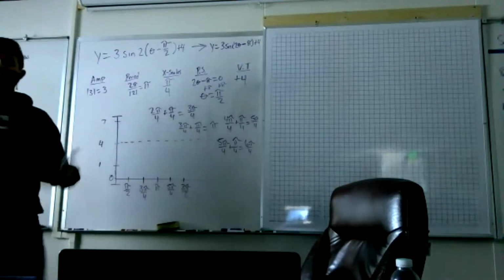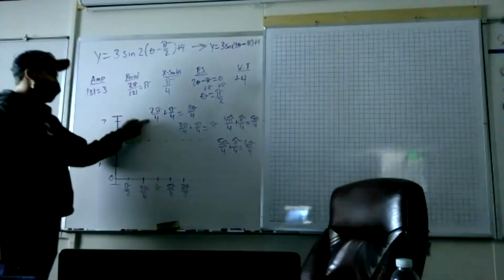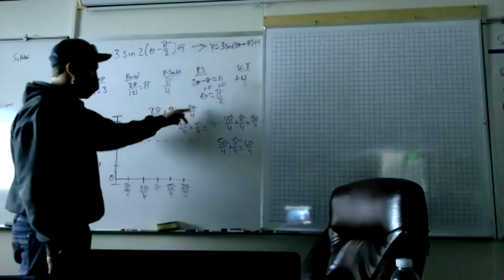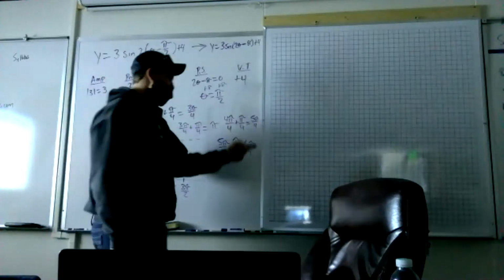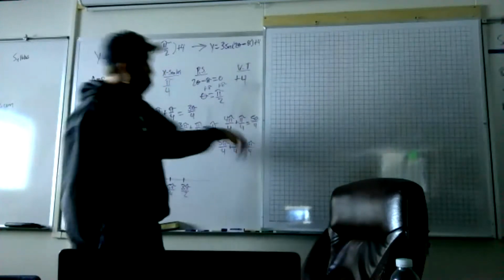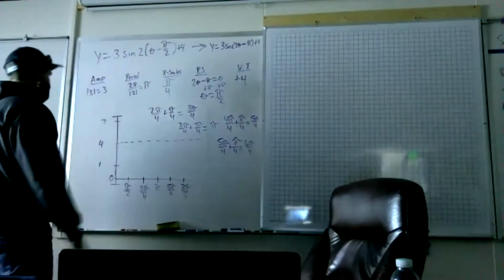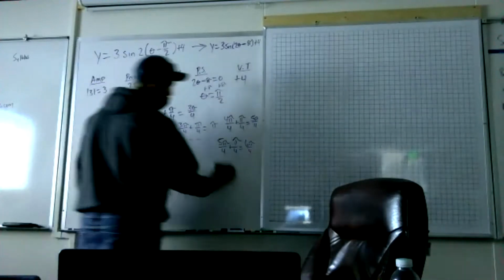So I would multiply each of those by 2, to get the denominator of 4. That's how I got 2 pi over 4. Then I added to get 3 pi over 4. I added again to get pi. And I got 5 pi over 4. Then I added again to get 6 pi over 4. Okay, but that's all just common denominator stuff. So now I can start to graph my equation.